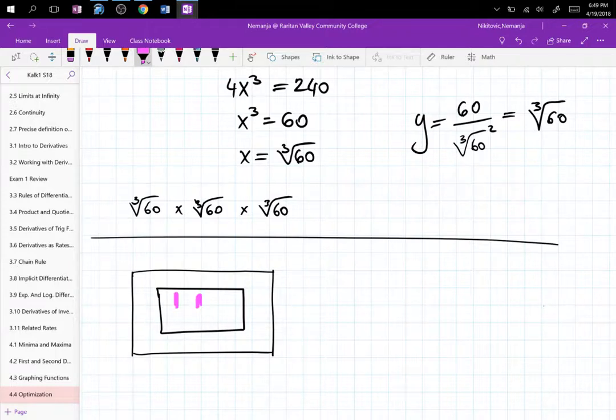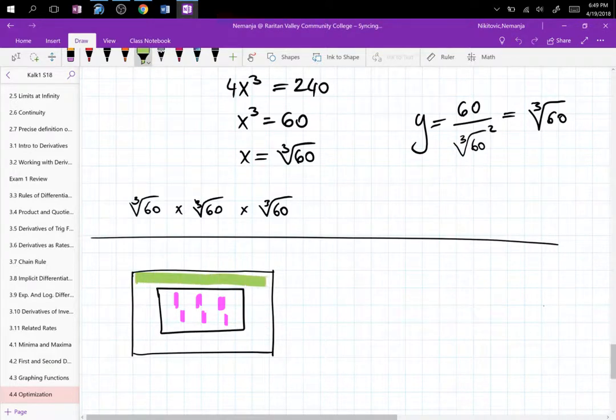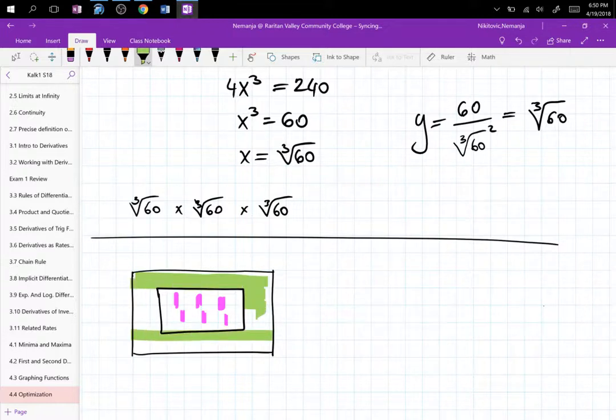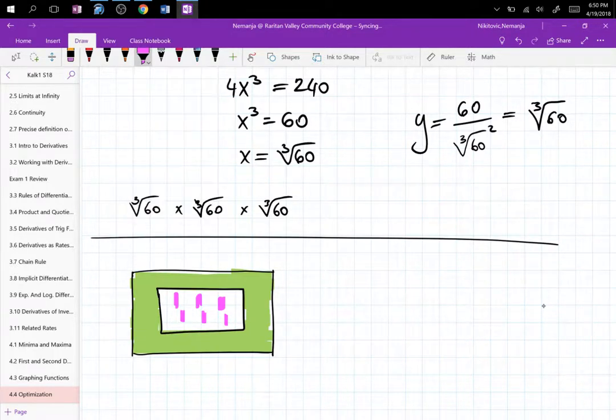So we'll put the flowers over here, and we'll do the grass around.